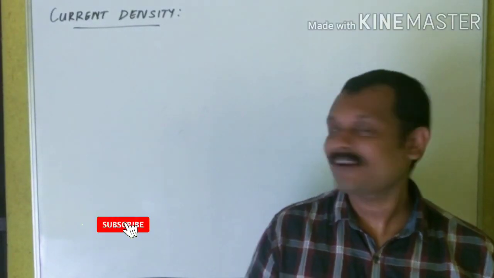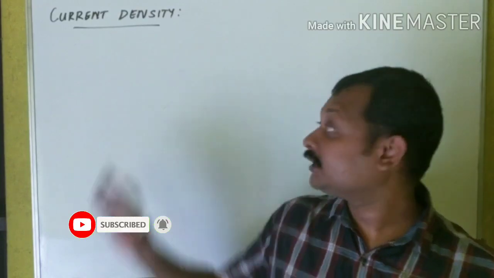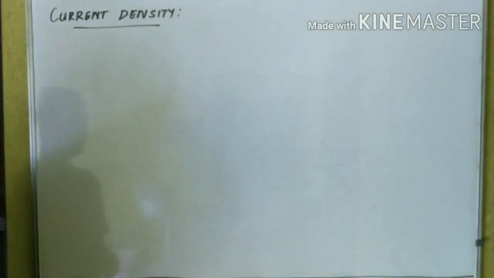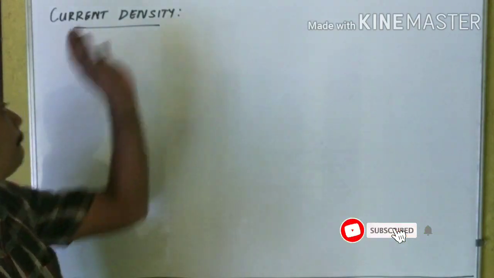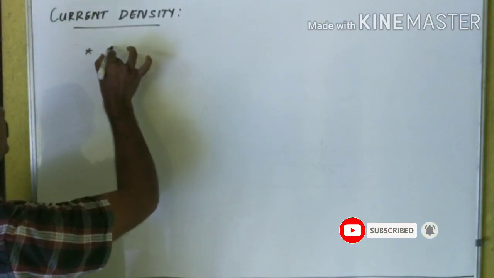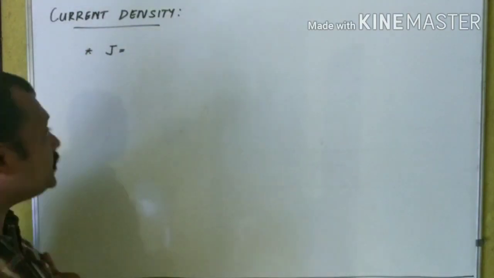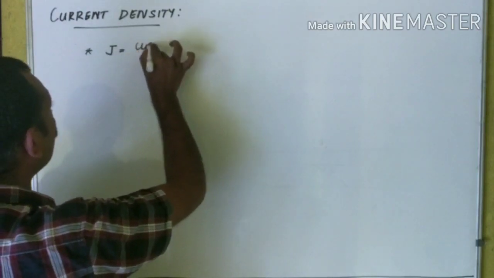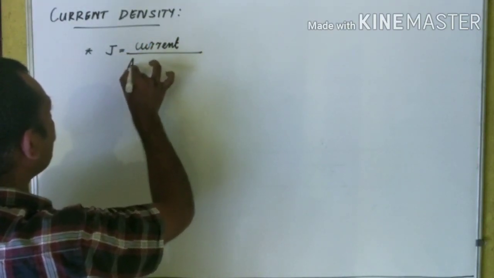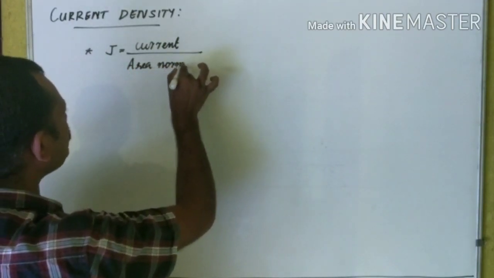Hi, in today's class, we will discuss current density. Generally, density is per unit volume, but we define current density, denoted by the symbol J. Current density J is equal to current divided by area normal to current.